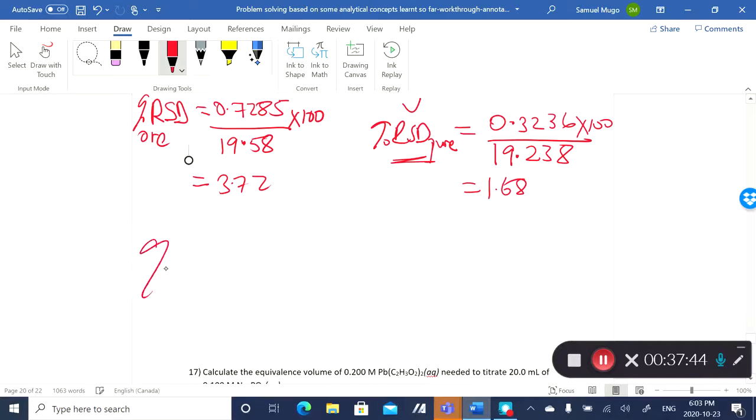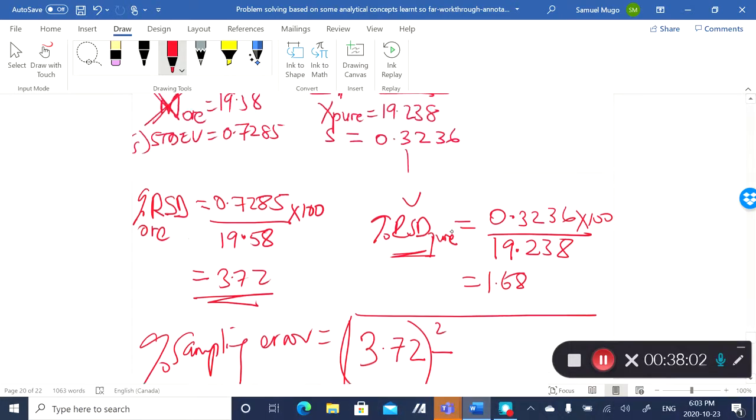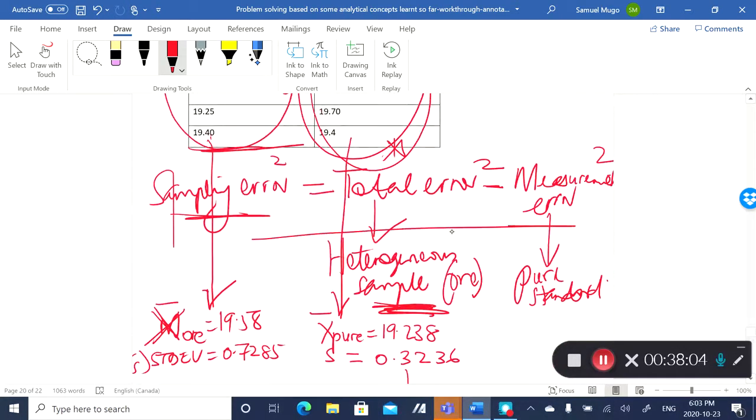Meaning, if you calculate the sampling error, it's going to be equal to the root of 3.72 squared, because remember this is the relationship.